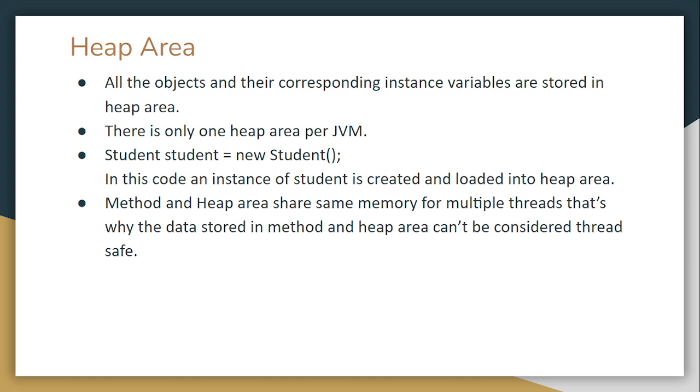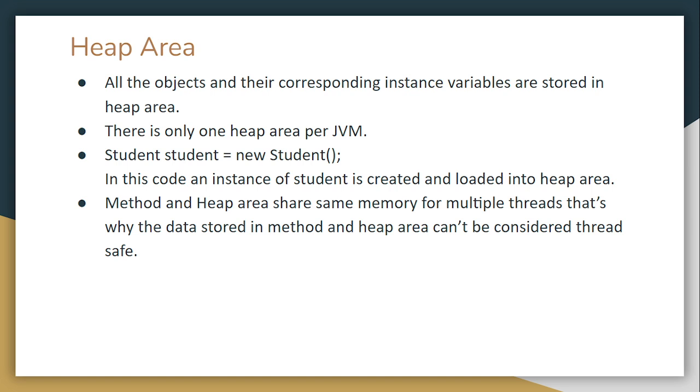Next is heap area. All the objects and their corresponding instance variables are stored in heap area. There is only one heap area per JVM.